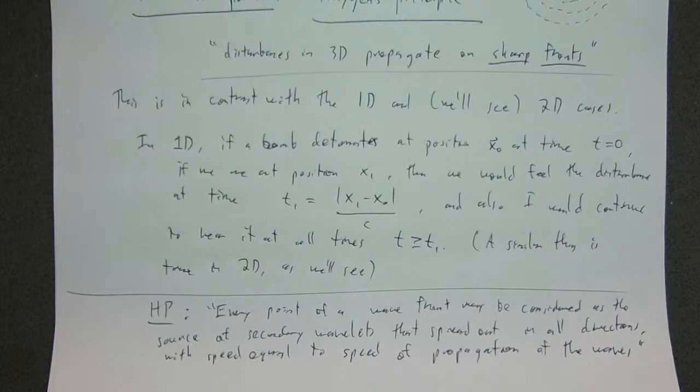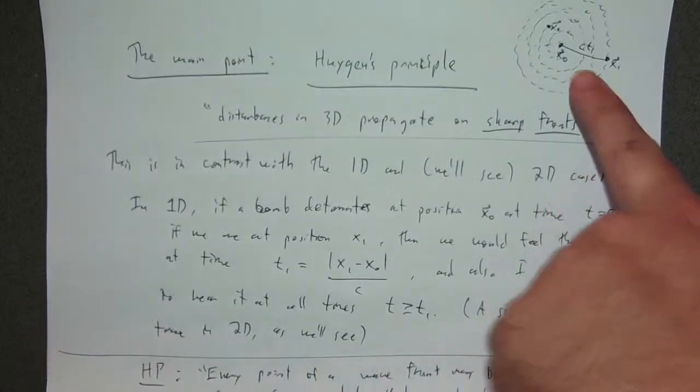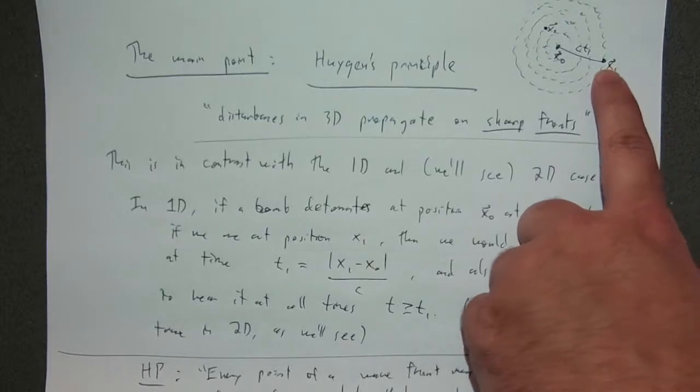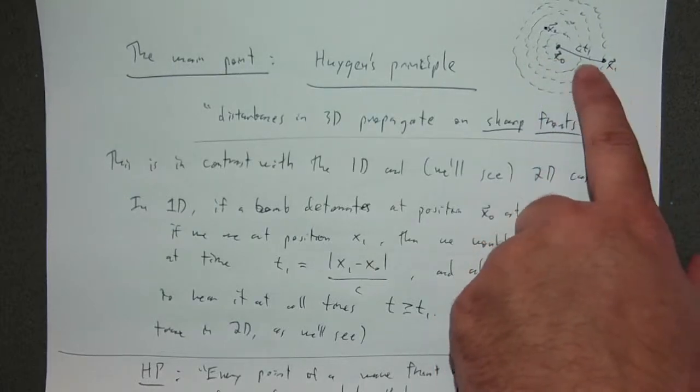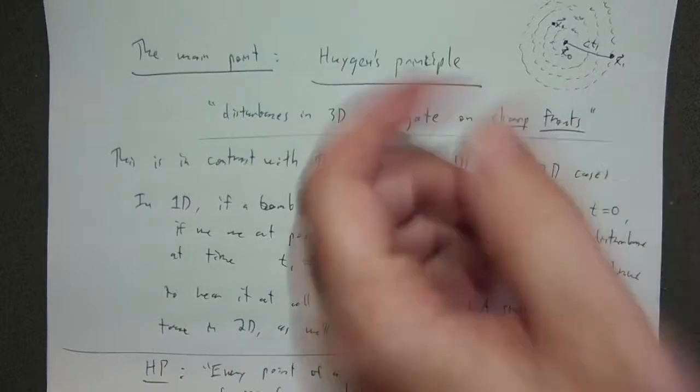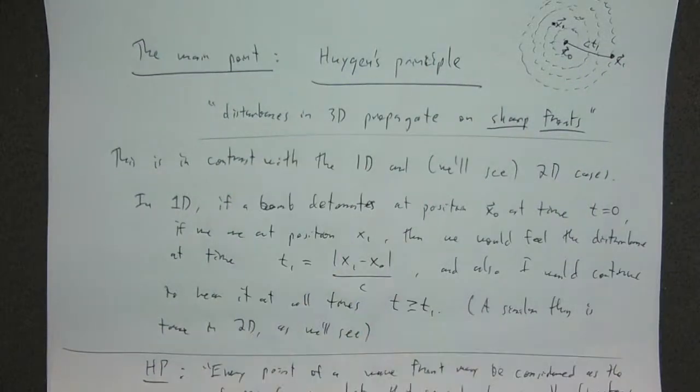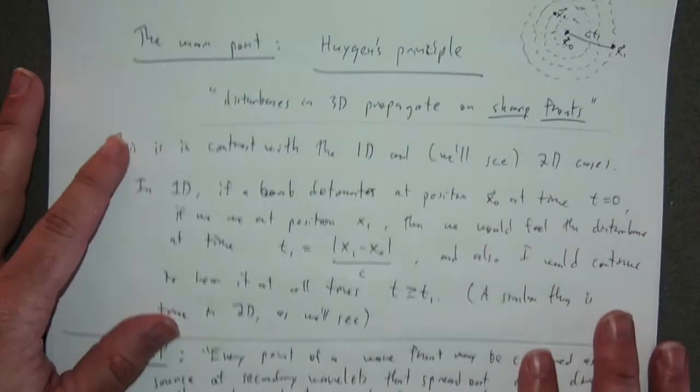Now, reading this can be a little bit confusing because it seems contradictory with what we said about this propagating on sharp fronts. If I'm at this position, once this front passes me, that's it. I don't continue to hear it or feel it. It is past me.